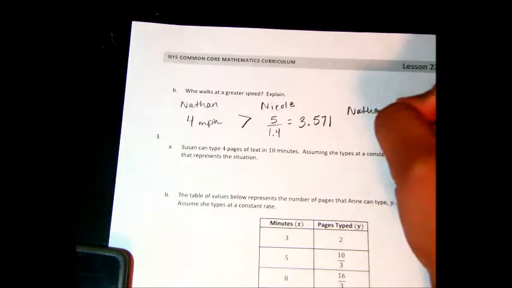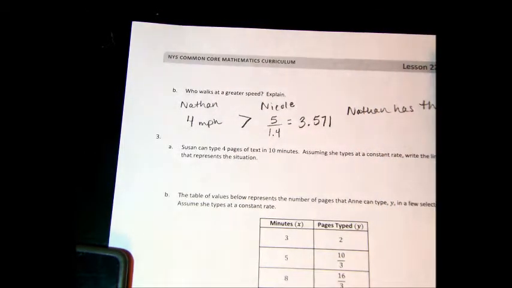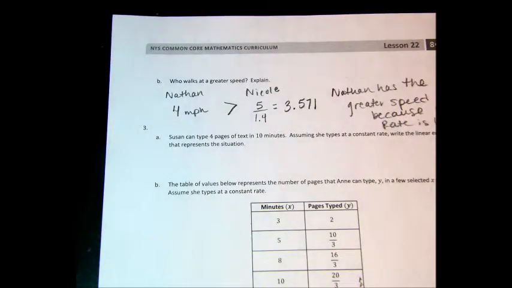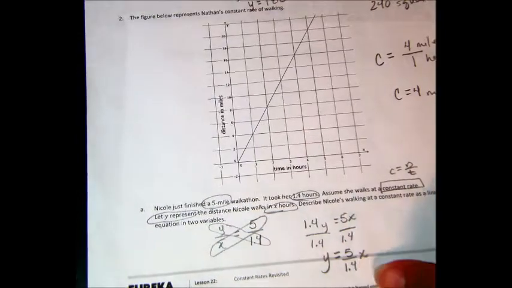Yeah, you should say that Nathan has the greater speed because his constant rate is larger. All right, so in example number 2, we just compared constant rate in 2 different forms. Nathan's constant rate was given as a graph, and Nicole's constant rate was given as a word problem where we created the equation.